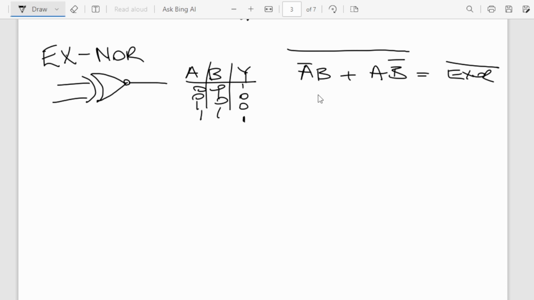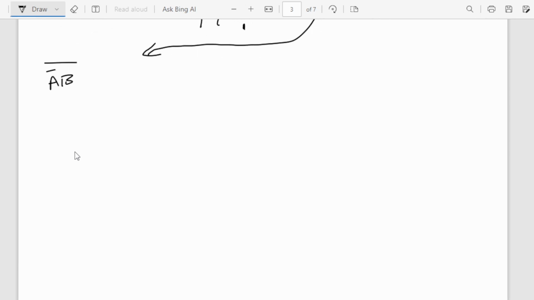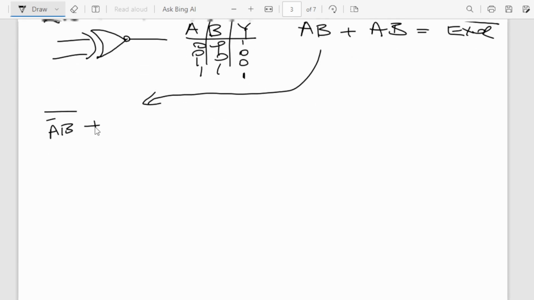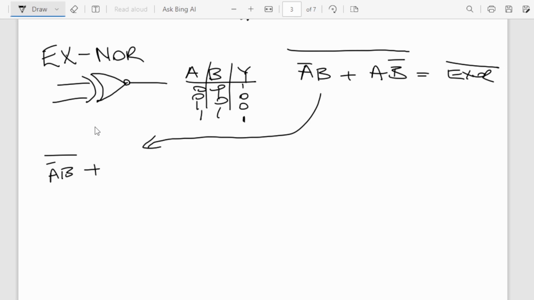So we're going to apply DeMorgan's theorem to this, and this is what we get, right? So we treat this as one term, and we treat this as one term. So we have here A bar B, all barred, not plus, but ANDed.